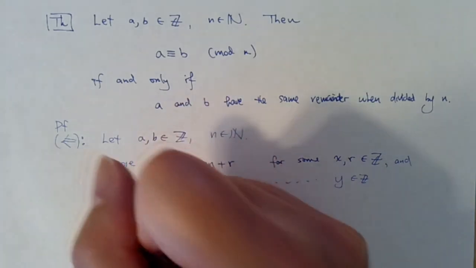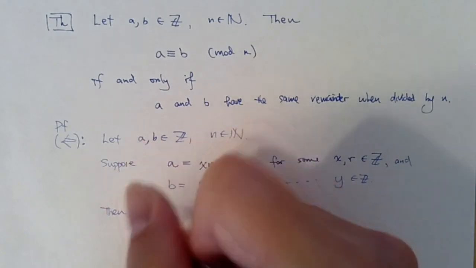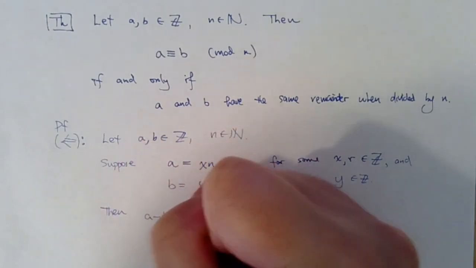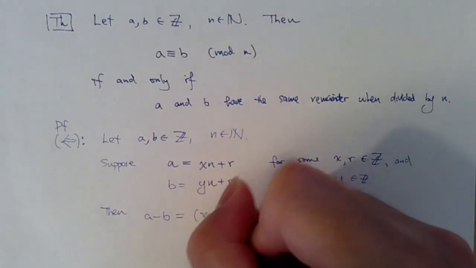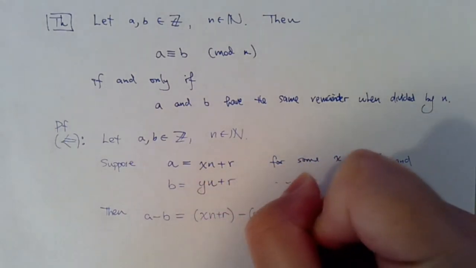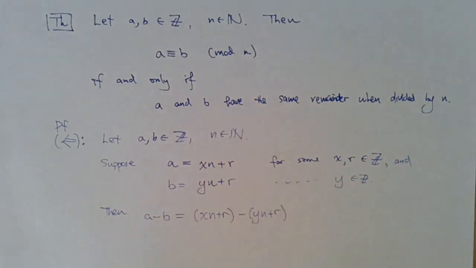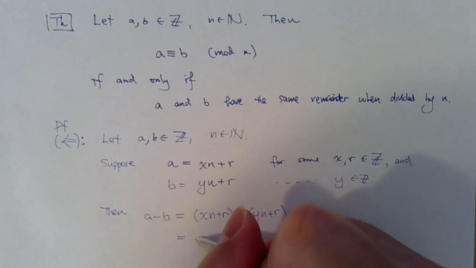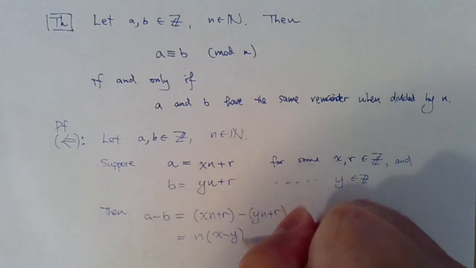Well, let's subtract them. Then a minus b is equal to xn plus r minus yn plus r. The r's cancel, and we get n times x minus y.